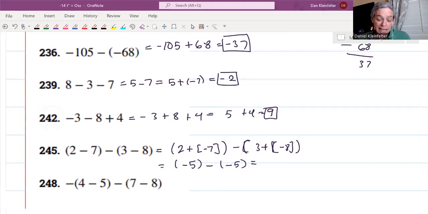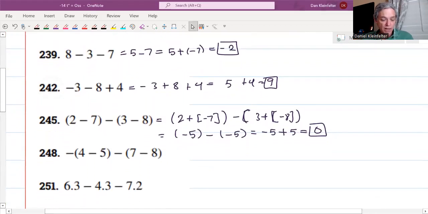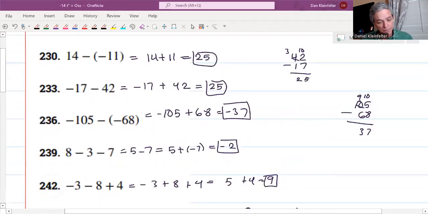Negative 5 minus negative 5 is the same as negative 5 plus positive 5. Now, for all that, we just get 0. That's kind of funny.